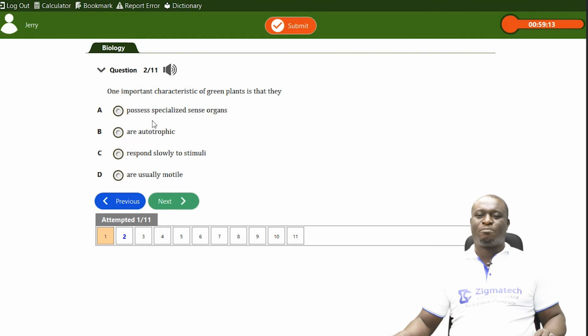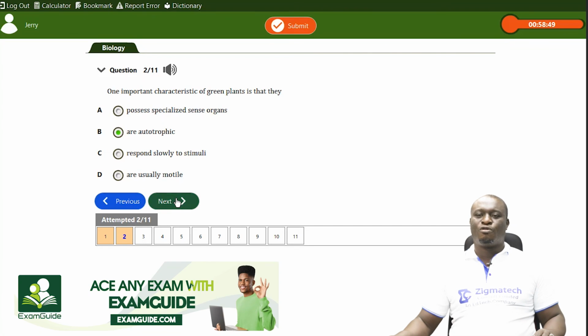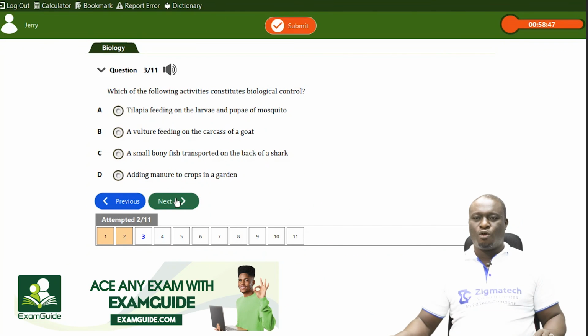It is not because they possess specialized sense organs, no. It's not because they respond slowly to stimuli, no. It is not because they are usually motile. In fact, plants are not motile. So one of the most important characteristics of green plants is that they are autotrophic. Autotrophic simply means that they can manufacture their own food.